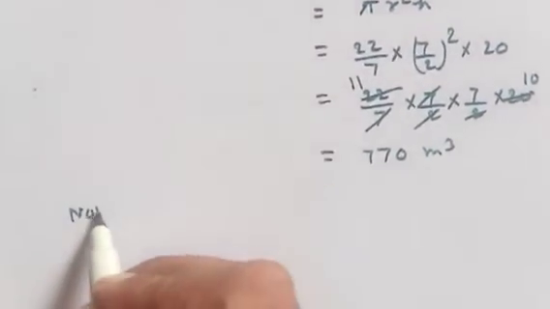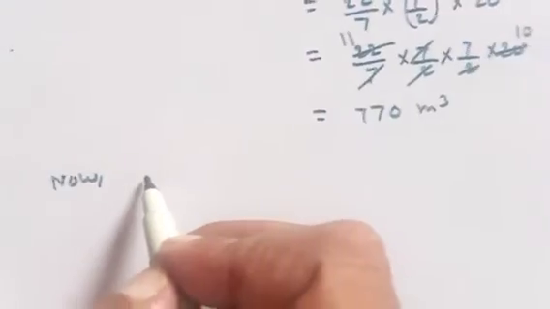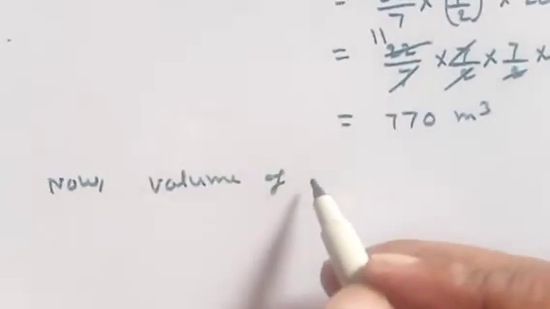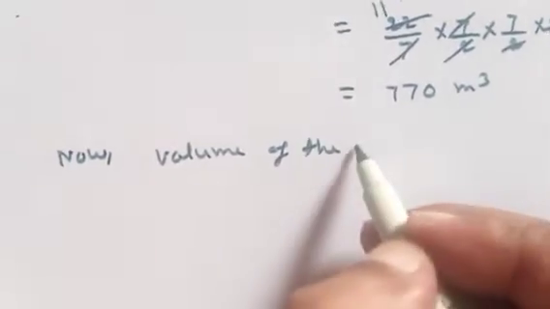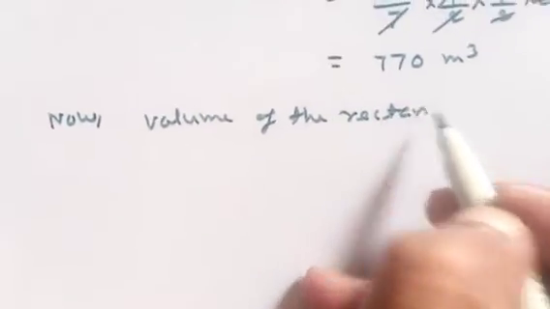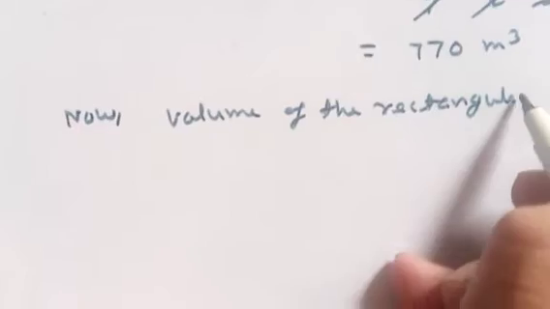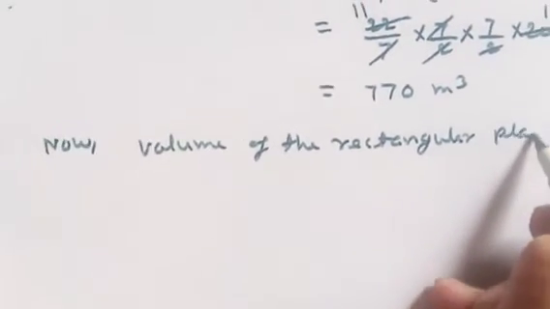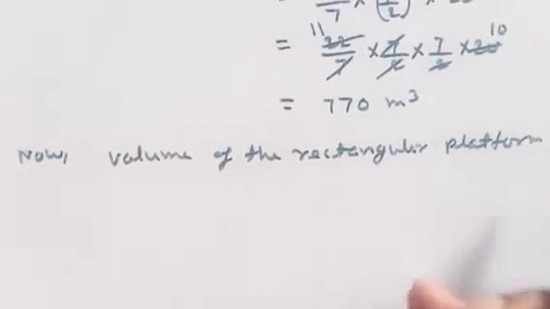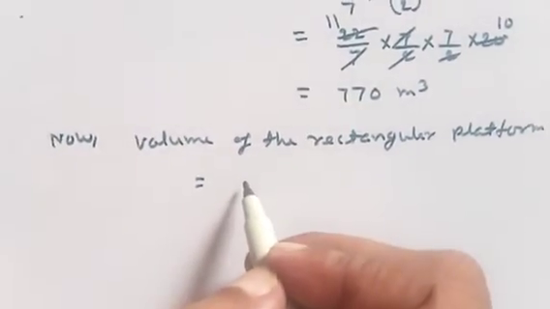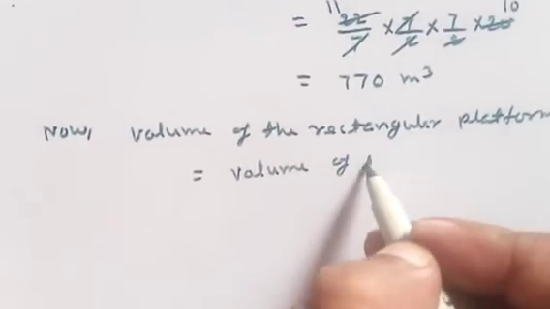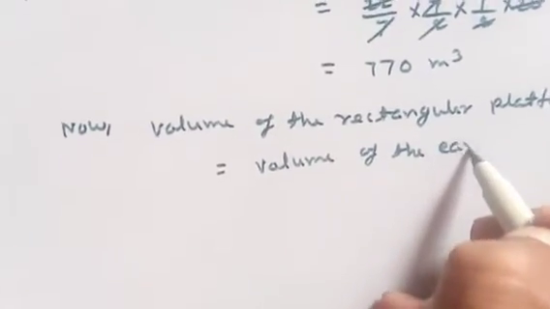Now volume of the rectangular platform equal to volume of the earth.